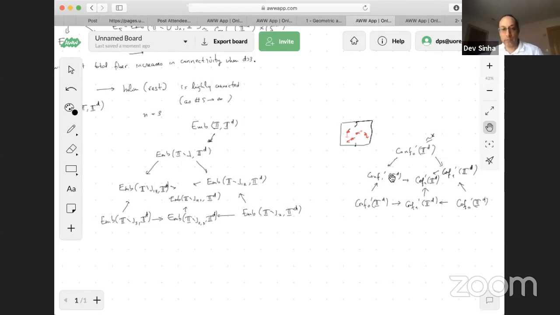So these diagrams look the same, but there's an important distinction here. What would the maps be if I were looking at the diagram to the left and trying to make a diagram to the right? So let's redraw this little square here.